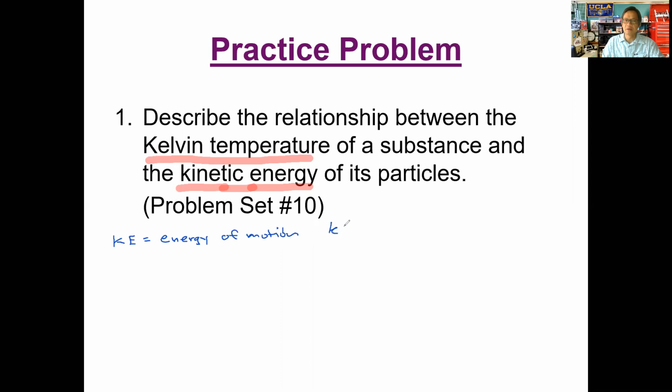We can calculate it with the simple formula I gave you, involving mass times v squared, where v represents the velocity. Now, everything has mass, but not everything has to be moving. In order for an object to have kinetic energy, it has to be moving. So kinetic energy is energy associated with the moving object.